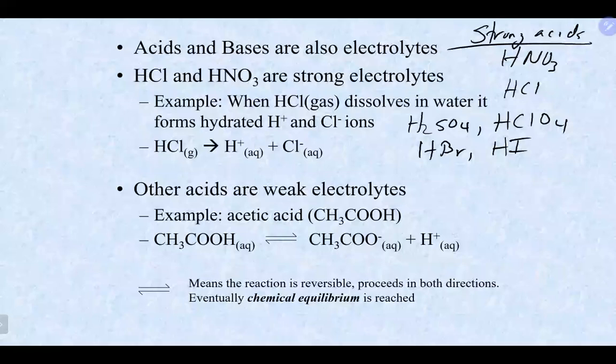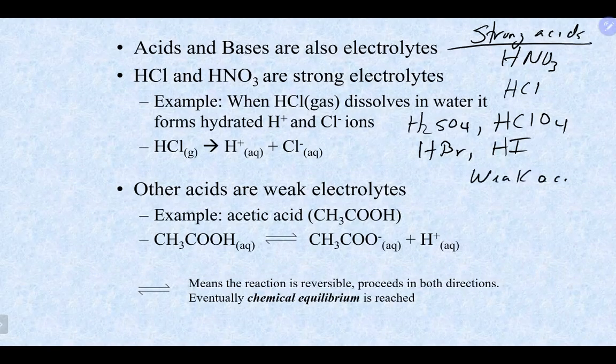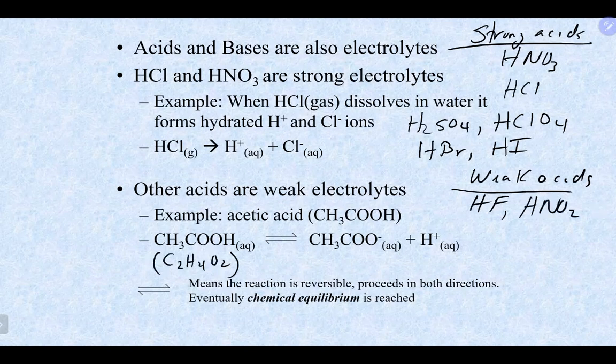Now, weak acids are like some weak electrolytes. So weak acids like HF, this is acetic acid here, which is sometimes abbreviated as C2H4O2. Nitrous acid, carbonic acid, HCN, also some weak acids.